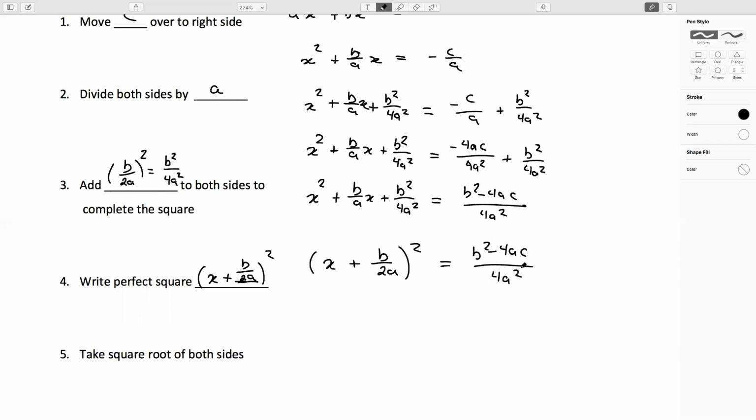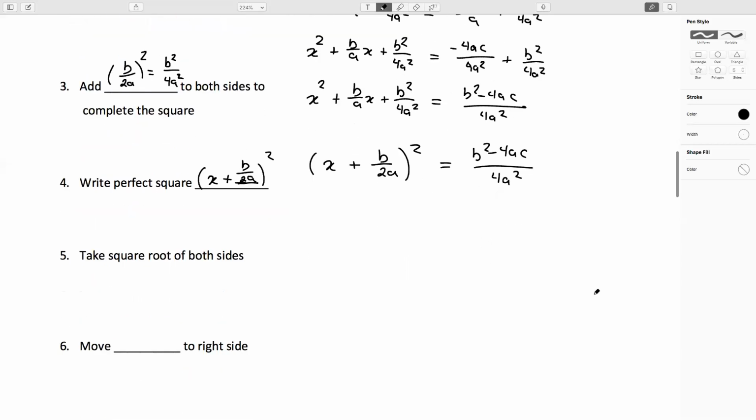Now we can take the square root of both sides. The left side will become x plus b over 2a, and the right side is the square root of b squared minus 4ac all over 4a squared.